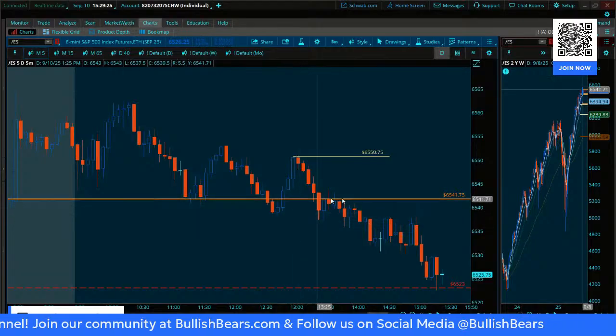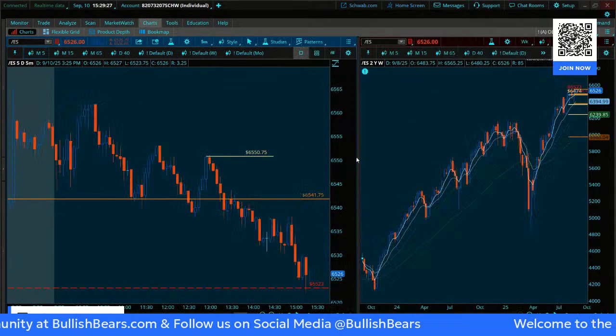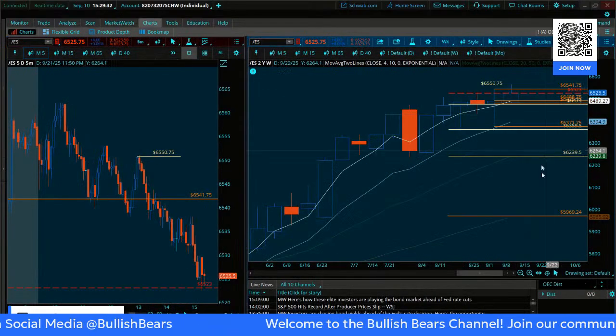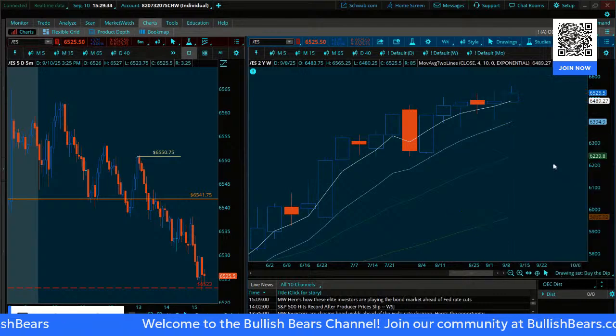Even if we wick under that today, I would expect that we don't get too low below that. Not if we're going to keep this structure that we've been in.